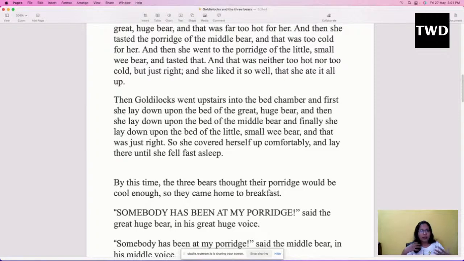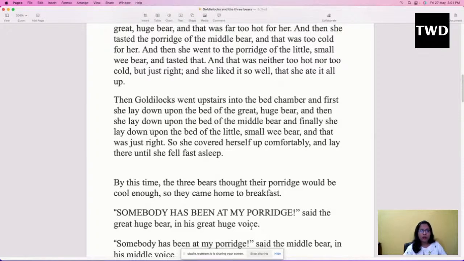So we understand from this paragraph that she tried to sleep in all the beds. First of all, she tried to sleep on the huge bear's bed, which she did not like, and then she tried the bed of the middle bear, that also she did not find right for her, and later she slept on the bed of the small bear, and she found it to be right for her, comfortable for her.